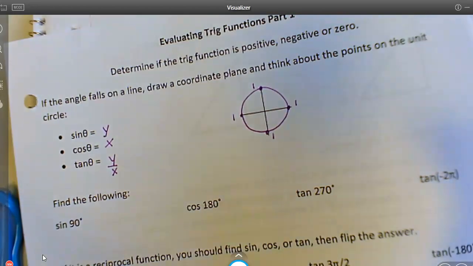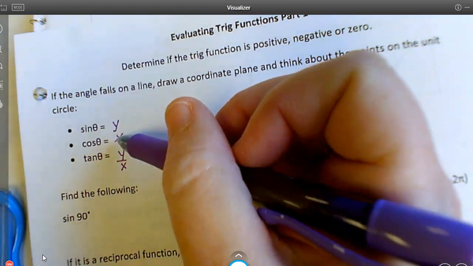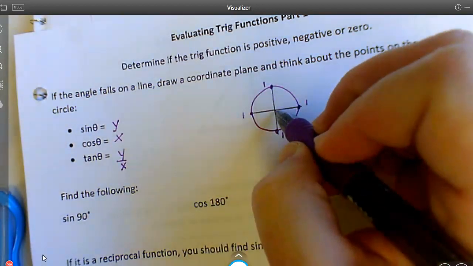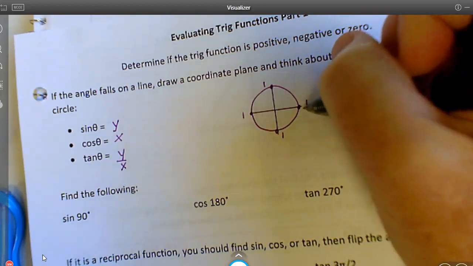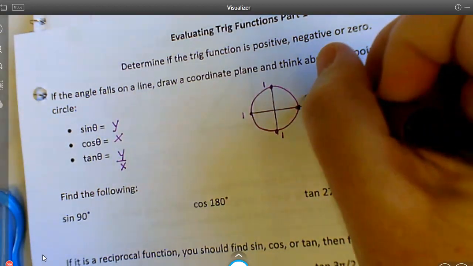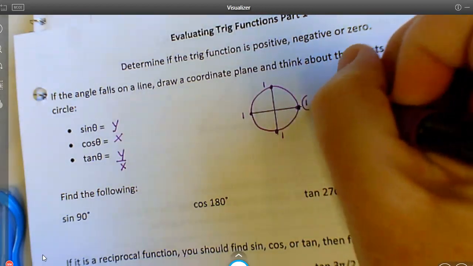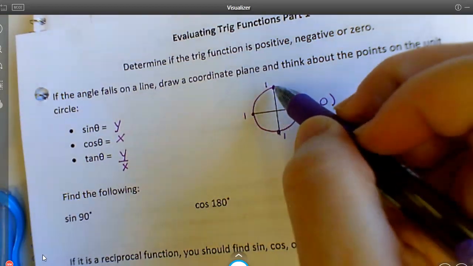Now, I need to show you the coordinates so that you understand what I mean. This is 1 over, but what would that coordinate be? What is that point called? 1, 0. It's moved over 1, but it doesn't go up or down any. Look at this point up here.